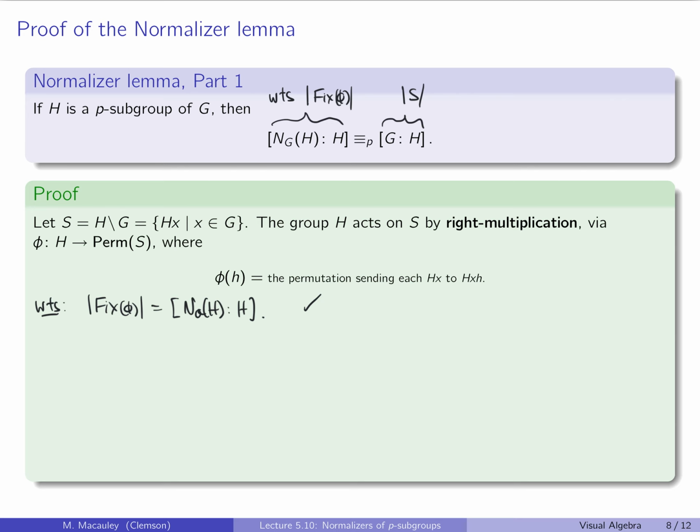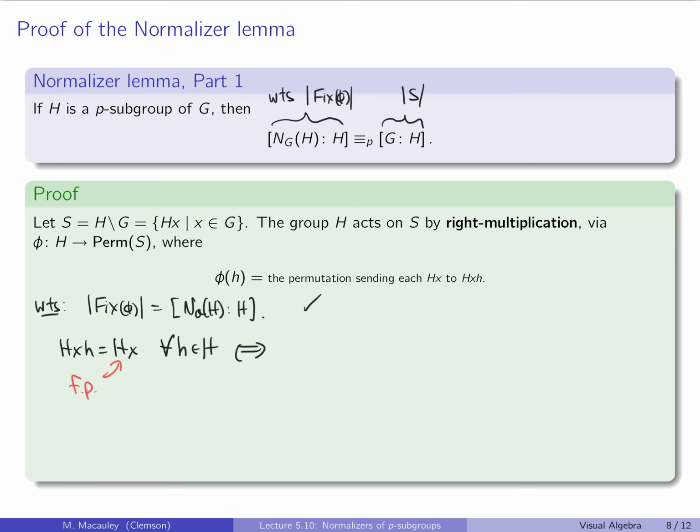So what does it mean to be a fixed point? Hx little h equals Hx. So that's what it means for this coset to be a fixed point. Well, it means this for all little h in big H. So this is a fixed point if and only if, what do you think we should do?